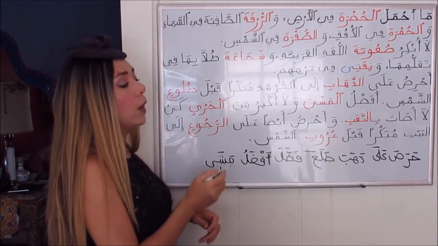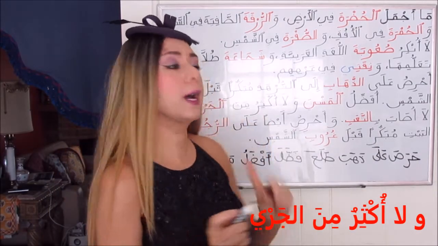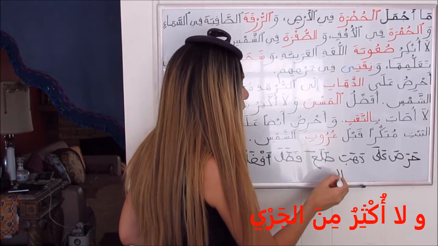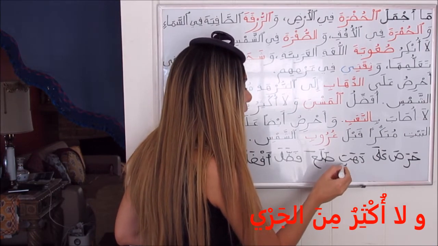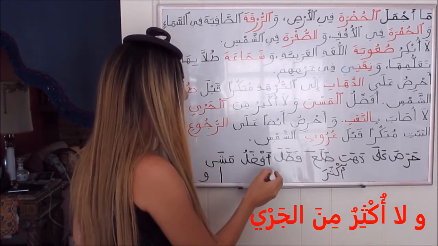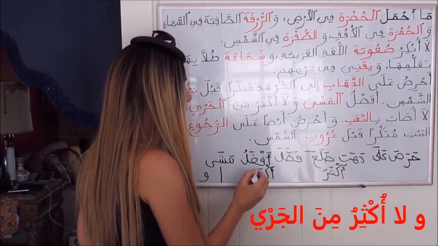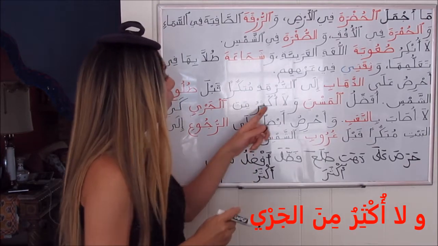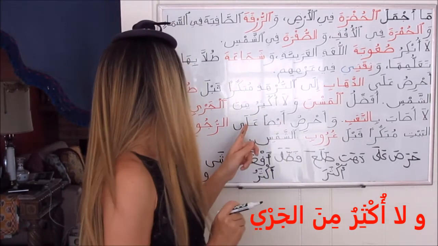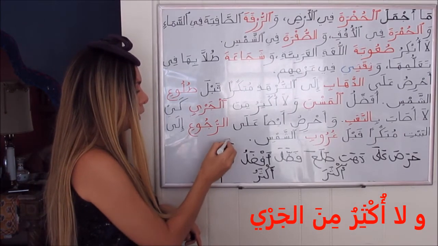Alright? ولا أكثر. أكثر from the verb أكثر. To do much of something. And the elative is أكثر, more or most. ولا أكثر من الجري from the verb جرى. مشى, جرى.